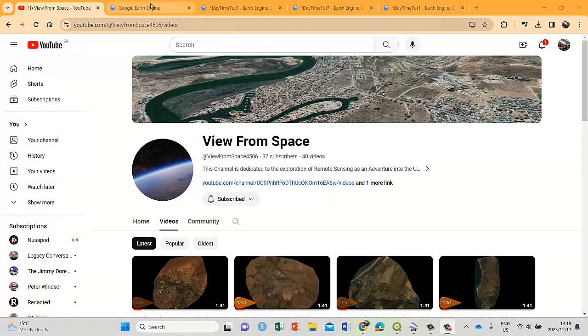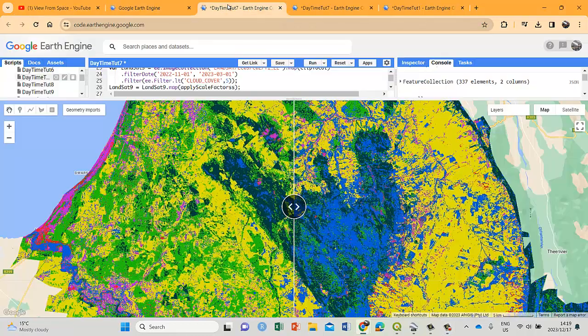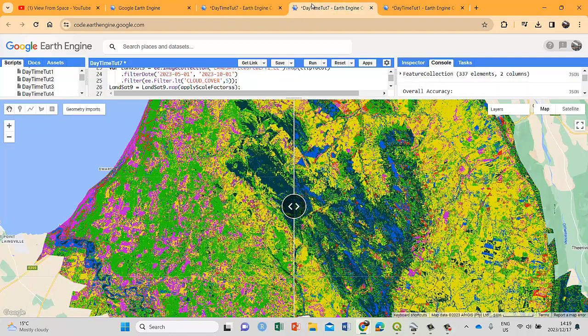Okay, so we go to our Earth Engine, and I've opened two of my projects. It's exactly the same project. Let's call it the one on the left and the one on the right. The script, everything's exactly the same.